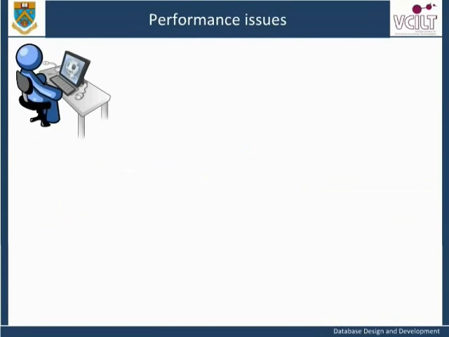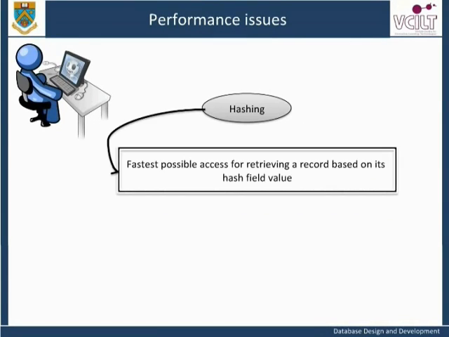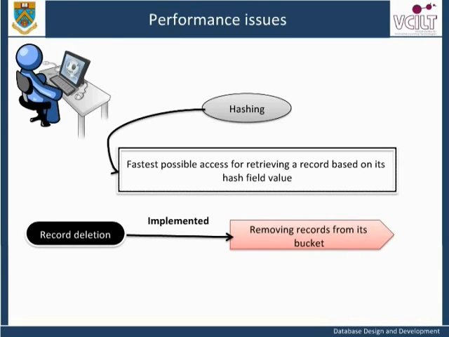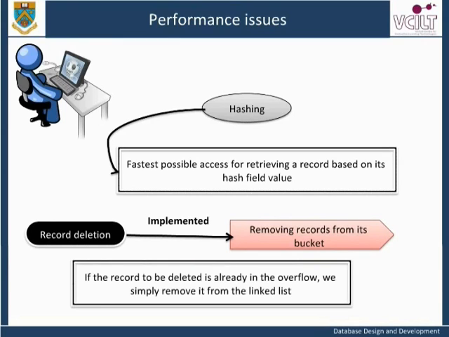Performance issues. Hashing provides the fastest possible access for retrieving a record based on its hash field value. However, search for a record where the hash field value is not available is as expensive as in the case of a heap file. Record deletion can be implemented by removing the record from its bucket. If the bucket has an overflow chain, we can move one of the overflow records into the bucket to replace the deleted record.